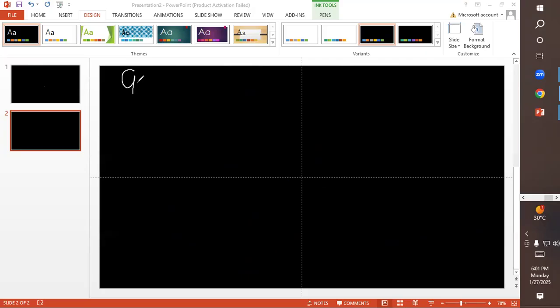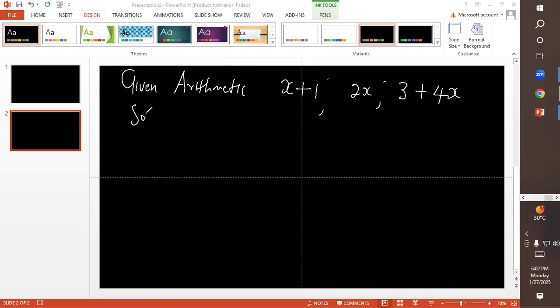Given the arithmetic sequence x plus 1, 2x, 3 plus 4x. You are given this arithmetic sequence, and you are required to solve for x.